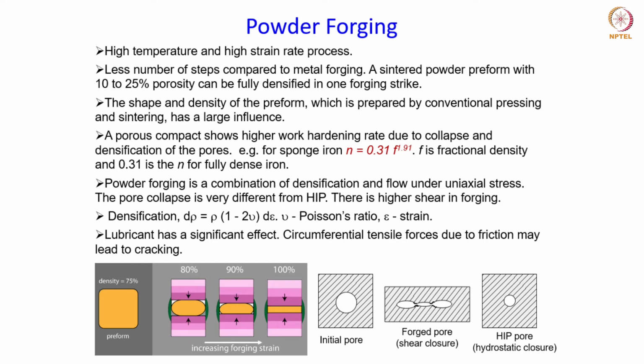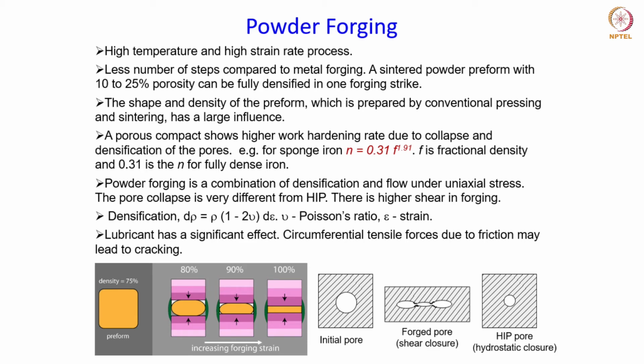So you may know about forging where a metal is heated up to a particular temperature and then it is hammered or deformed to give it a particular shape, and it can also modify the microstructure of the material. So in this process of powder forging, a sintered powder preform with about 10 to 25% porosity can be fully densified in one forging strike, right?